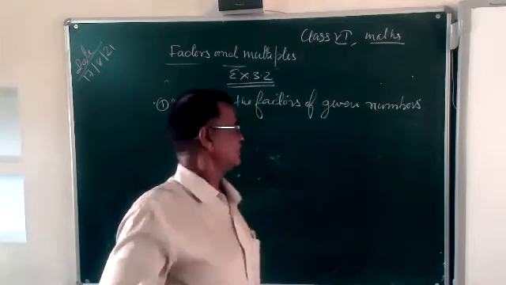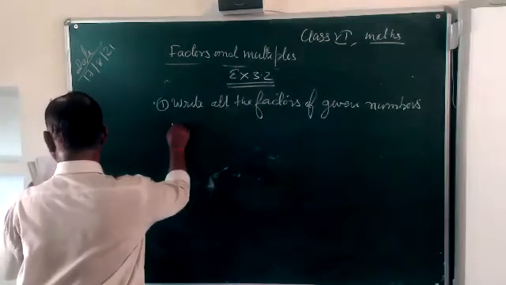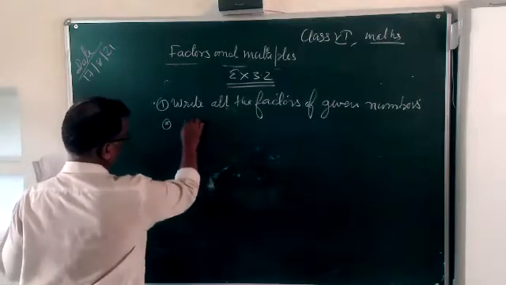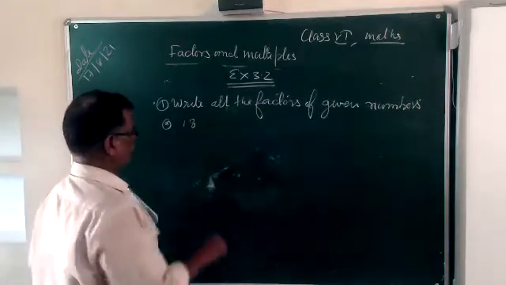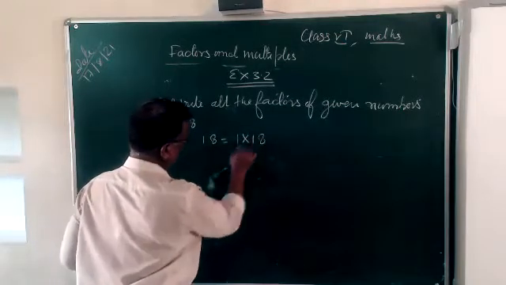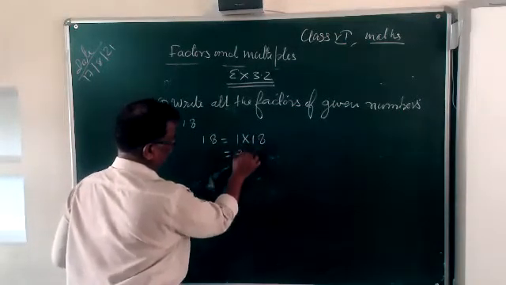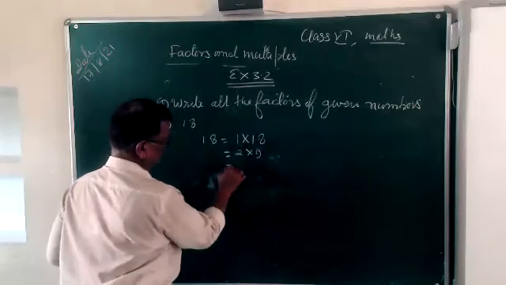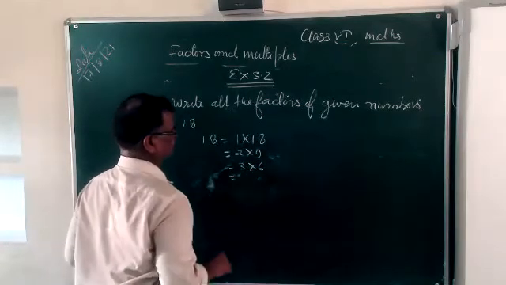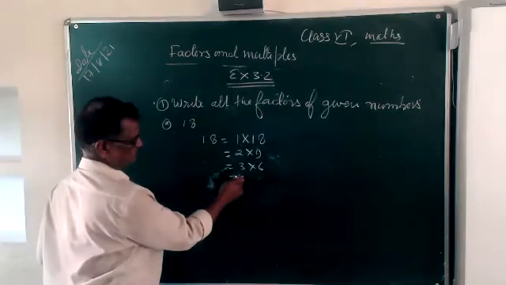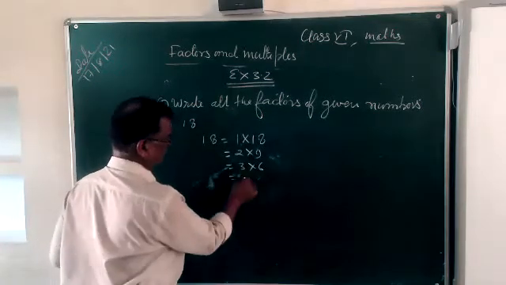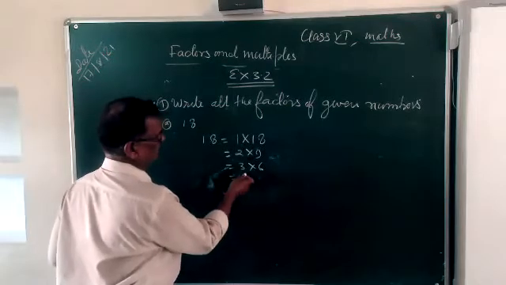The first question is given here. First, A is 18. So you can write here 18 is equal to 1 into 18. It is equal to 2 into 9. This is equal to 3 into 6. 4 into something you cannot write. 5 into something, not right. You can write 6 into 3 again.